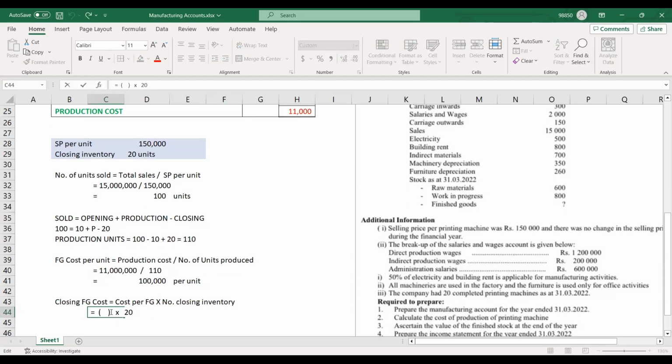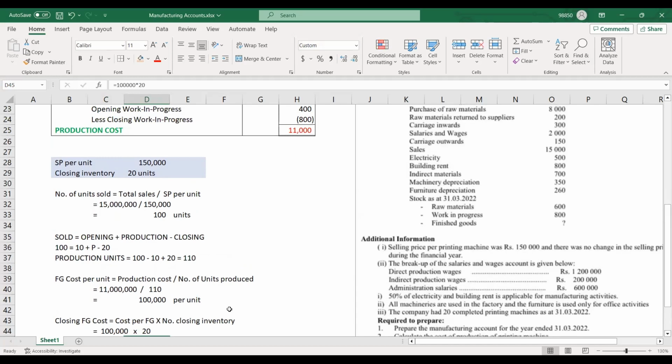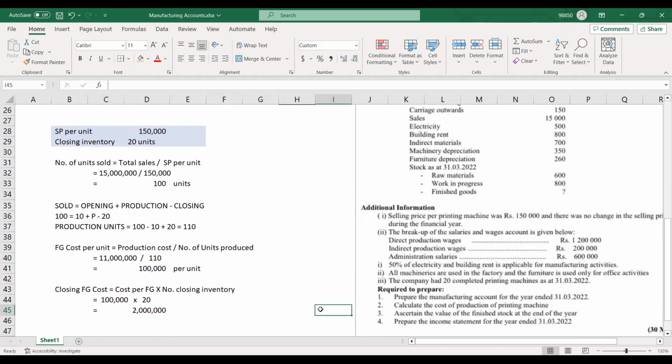So if it is 100,000 per unit, and there are 20 units, your total cost is 2 million, right? The cost of finished goods is going to be 2 million.